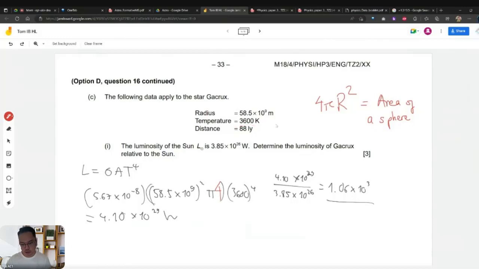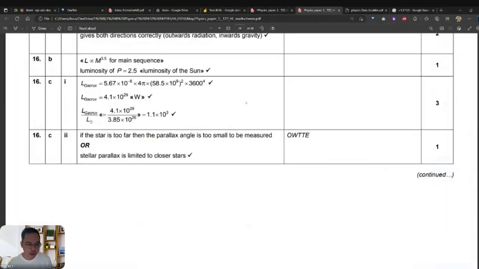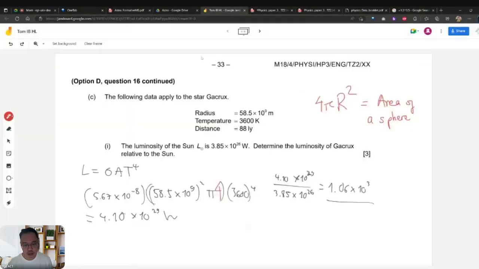Distance, 2 or 3? I think we can take 3. If the luminosity is given to 3 figures, also the radius, but the temperature is 2 figures. I think it's because of the temperature, you only take 2 figures.